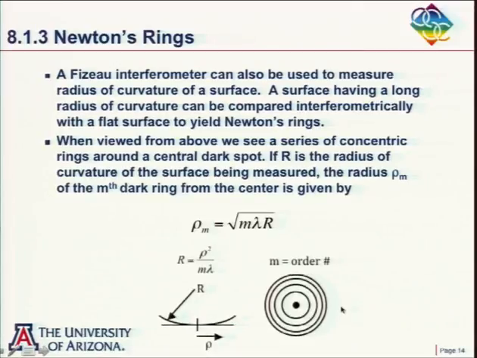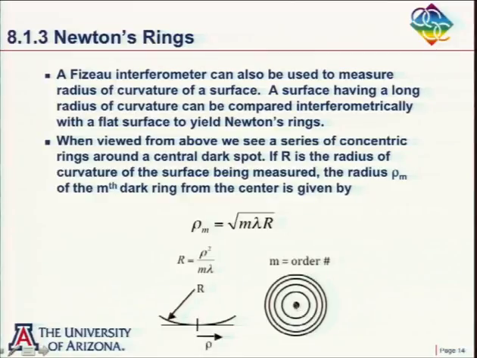If we're looking at the number of fringes, why did I draw a dark fringe in the center? Is that right, or did I just make a mistake? Yeah. So you would have a phase change on reflection, different from the high index to the low than what you have low to high. So if these are really in contact here in the center, it would be a dark fringe in the center.